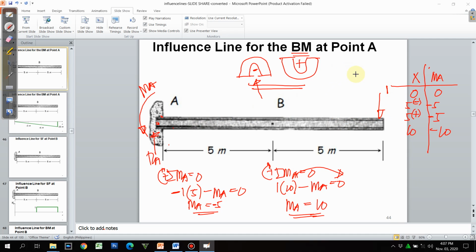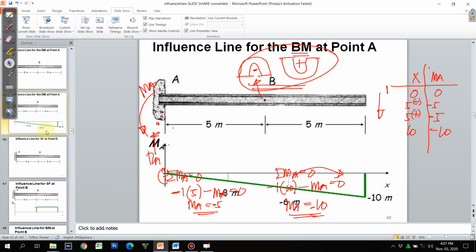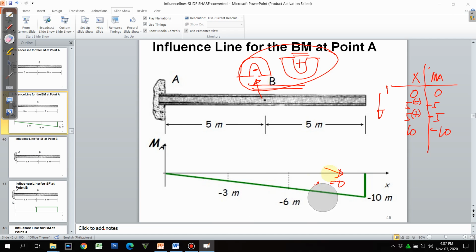So we do not rely on this sign convention anymore, but rather we are going to use this. Therefore this is negative, that is also negative, so therefore this is negative 10. So hence your influence line diagram is like this for the moment at E.